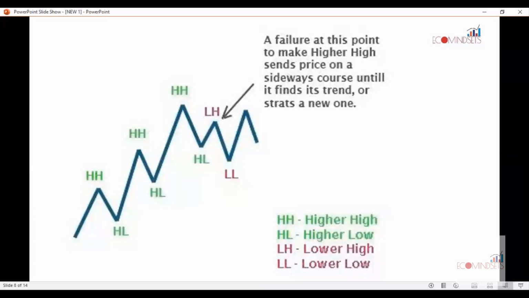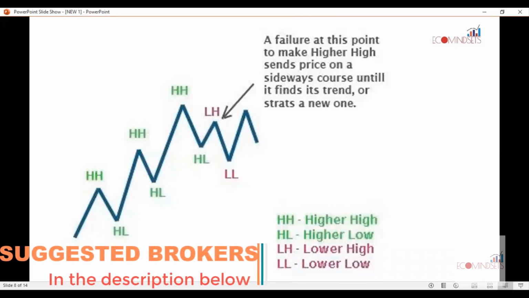Then we begin to see some sort of sideways trend, and you should know that we are on course of the trend changing. And once a high is formed that is lower than the previous higher high, that means we are changing from an uptrend to a downtrend. But you should allow the market to confirm that with at least two lower highs and lower lows.